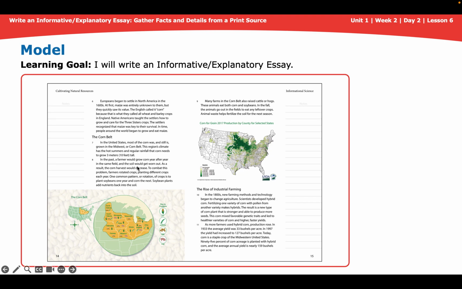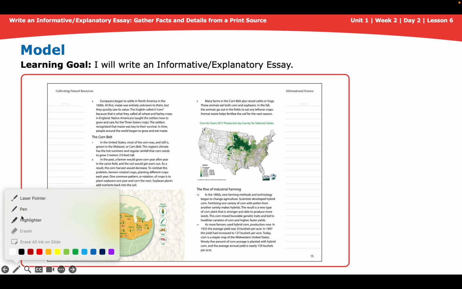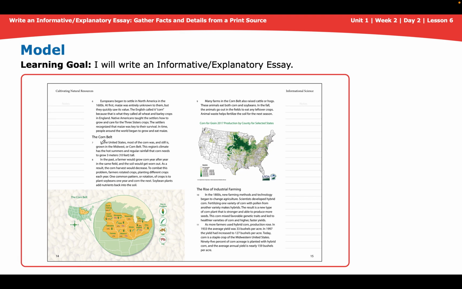Okay, so the key details of this first paragraph is talking about where most of the corn is made, which, if I had the ability to underline, wait, do I? Amazing, I do. Okay. I don't know how great this is going to be, but okay, this part right here is showing where most of the corn is made, which is the Midwest.